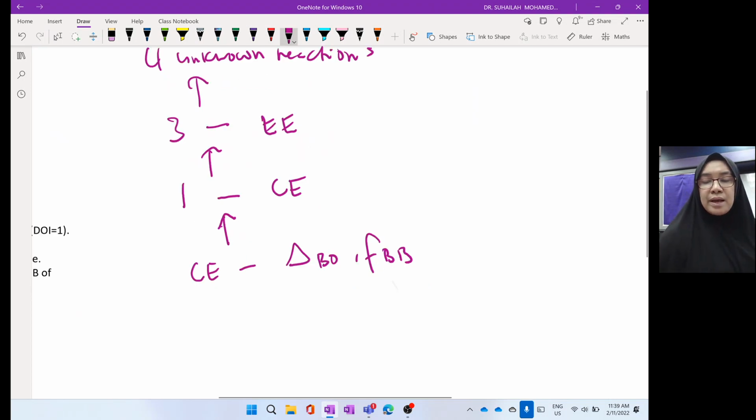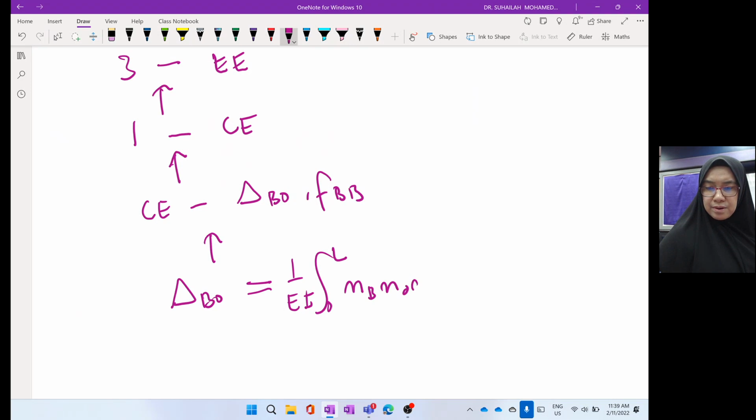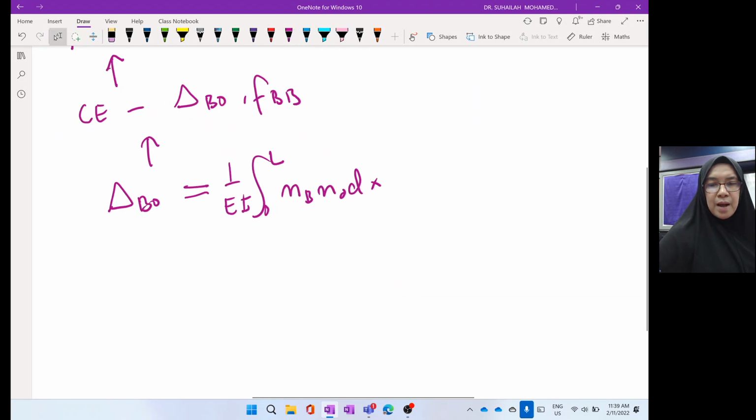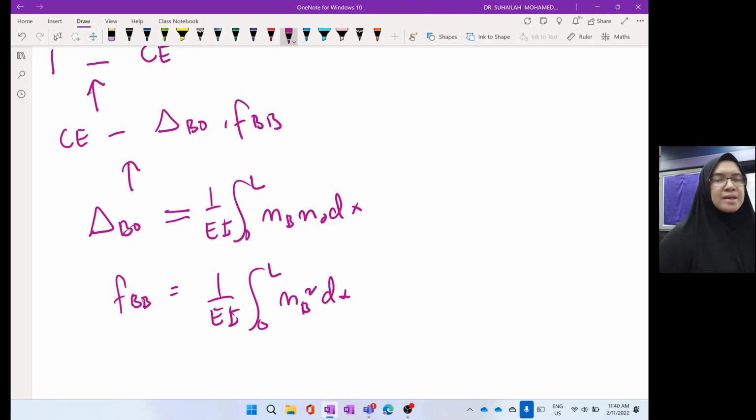Okay. So now delta B naught. What is delta B naught? We have to integrate. It is the integral of MB M naught dx. What is FBB? FBB is 1 over EI, integral of MB squared dx.